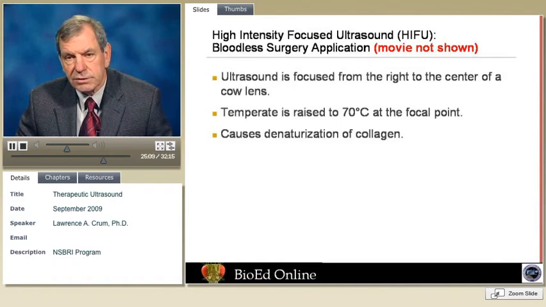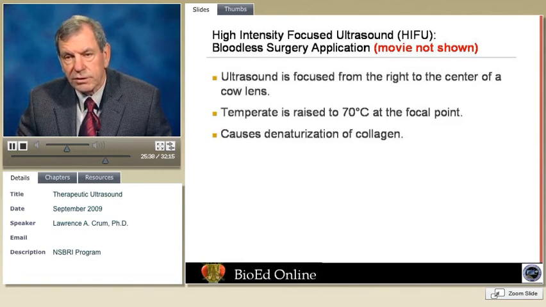Now, I'll demonstrate this with this next movie. In this particular movie, this is a bovine lens, the lens of a cow's eye. We focused the ultrasound from the right into the center of the lens. When the green light comes on, the ultrasound will come on, and we can count to see how long it takes for this high-intensity focused ultrasound to cause denaturation of the tissue.